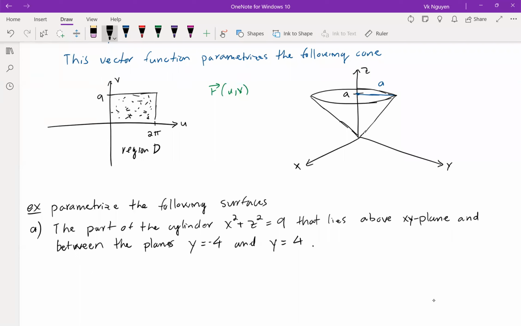If you want to see exactly what the heck is going on, it is best to sketch it out. So you have a cylinder. There is a cylinder along the y-axis.